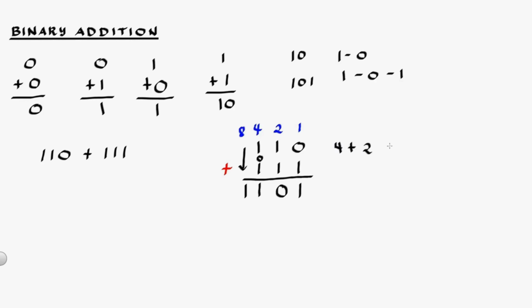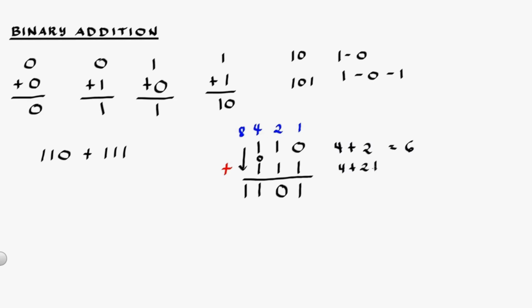For 111, we have ones under 4, 2, and 1. So we have 4 plus 2 plus 1, which is equal to 7, and that's the decimal equivalent of 111. For the sum, we have ones under 8, 4, and 1.